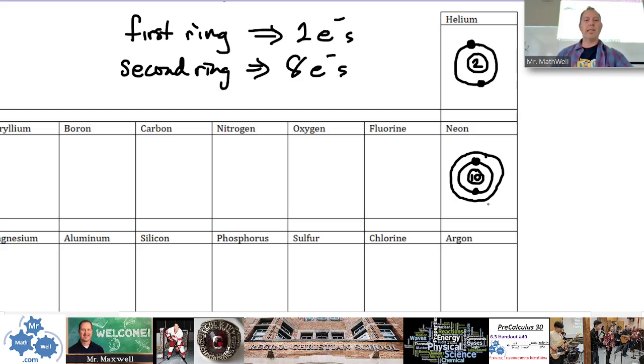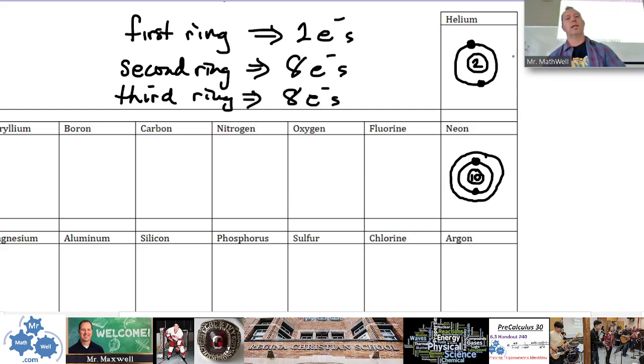And then we're going to need a third ring. I'll write that as a word. Third ring can have another 8 electrons. So always 2 on the first, then 8 on the next 2 after that. Neon has 10, so I need 8 more electrons. I'm going to fill up this ring: 2, 3, 4, 5, 6, 7, 8.